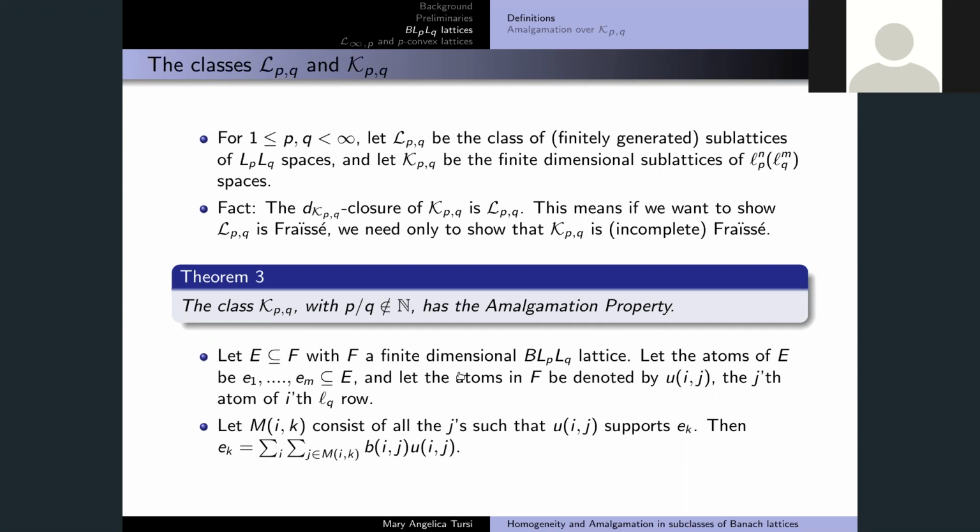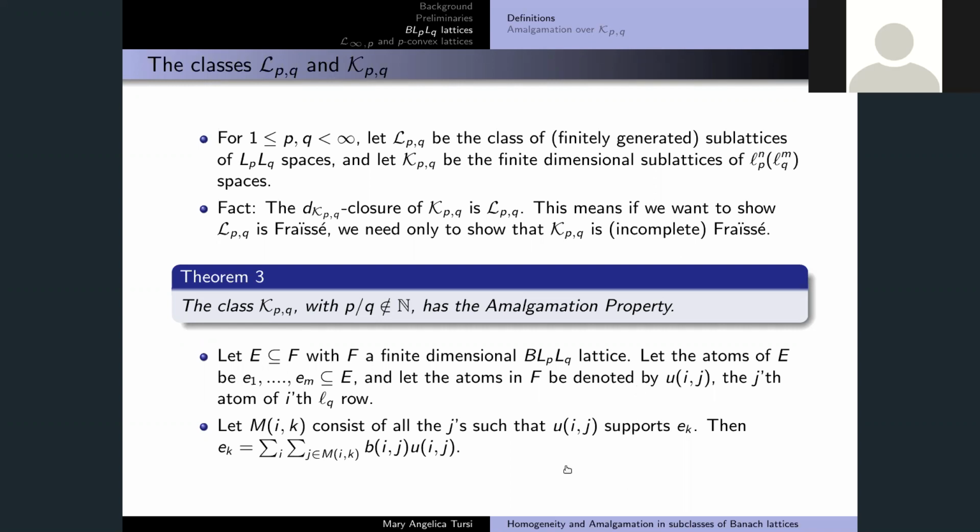Think of it as a p-sum of a bunch of l_q^m's. We'll denote the atoms of E by e_1 through e_m, and the atoms of F by u_{ij}. So if you take these l_q rows enumerated by i, then j is going to be the jth atom of the l_q row.